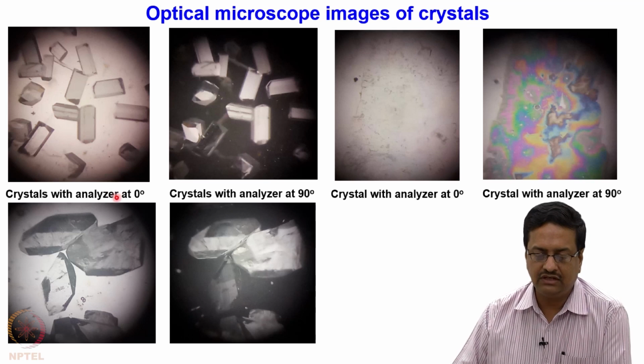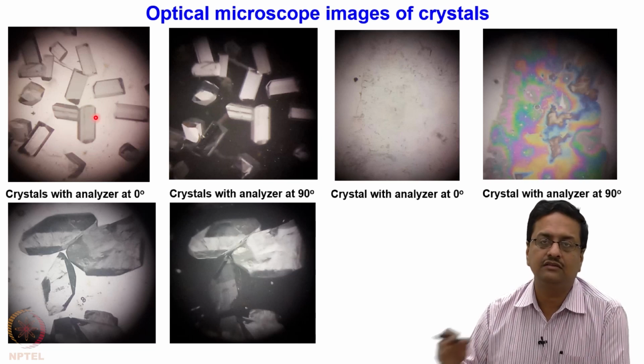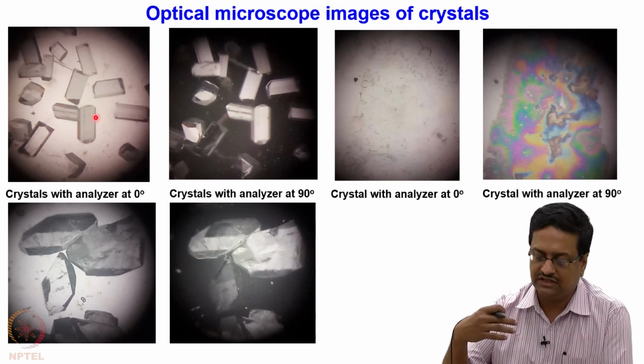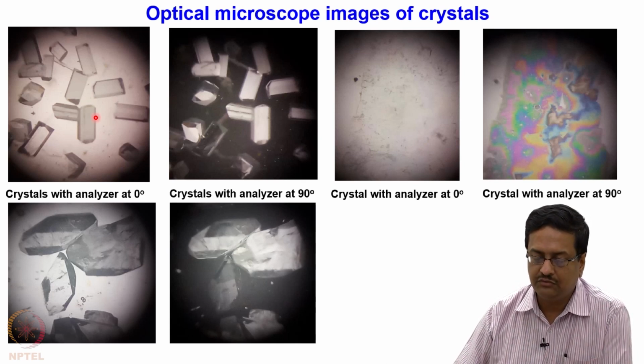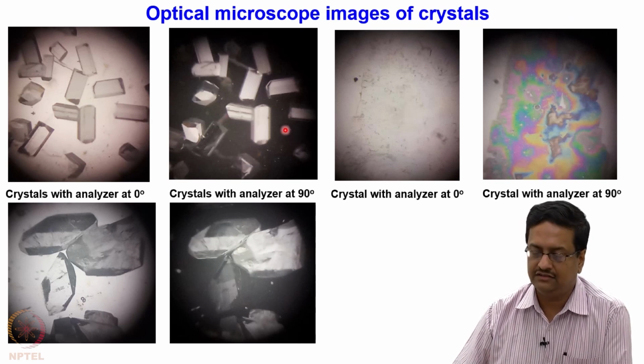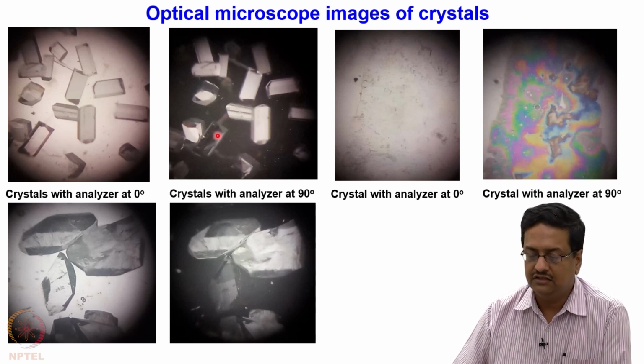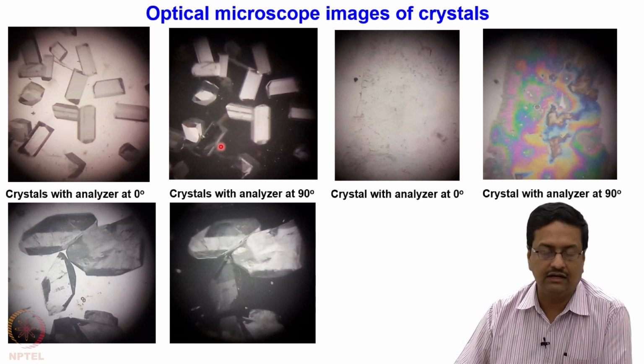Now when we rotate the analyzer by 90°, the light passing through the bottom glass is blocked by the analyzer, and the crystal, which was looking nice and transparent, is now totally dark.